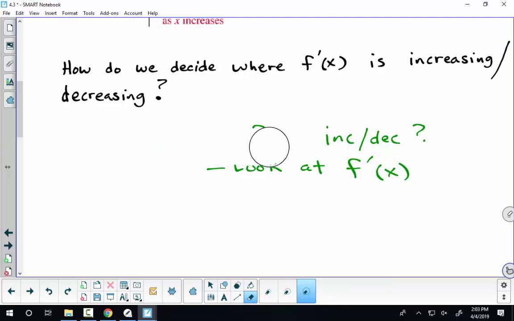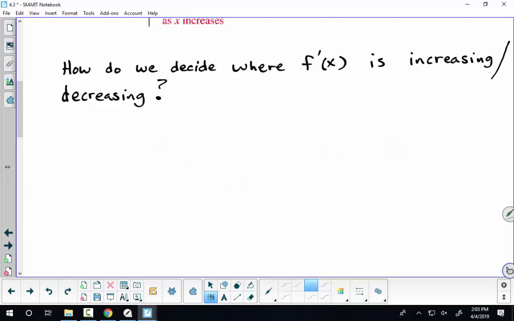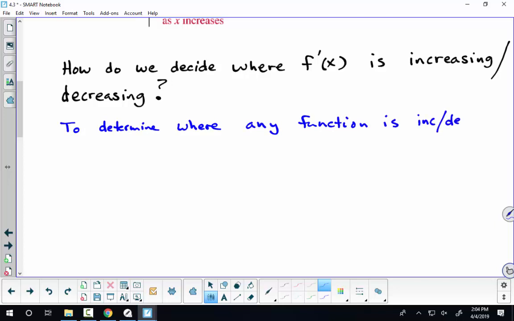All right, erase that. And maybe just in general, we can say here, to determine where any function is increasing or decreasing, whether the function is some derivative or not, we just look at the first derivative, or we could say more generally, the subsequent derivative.